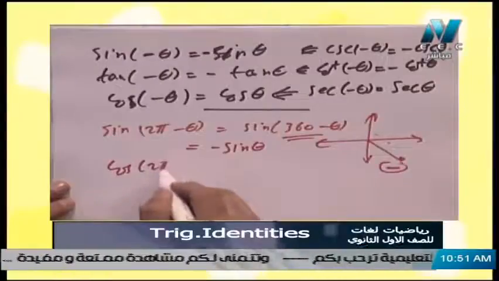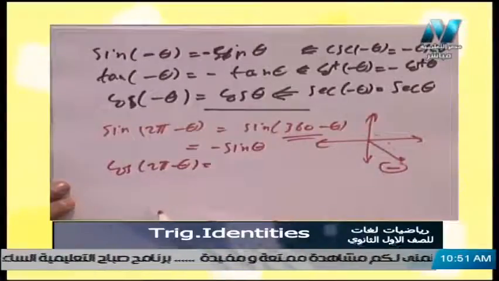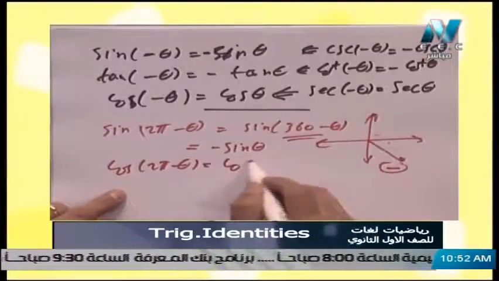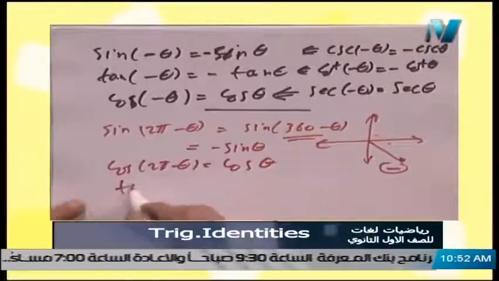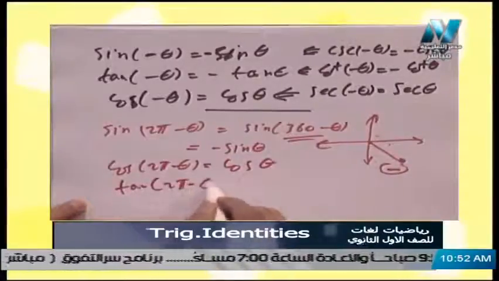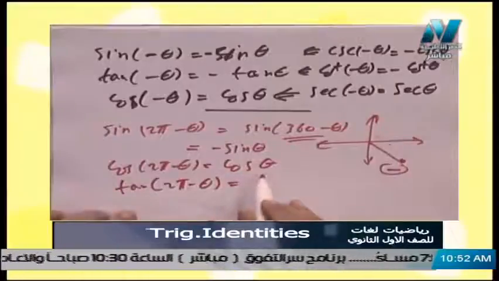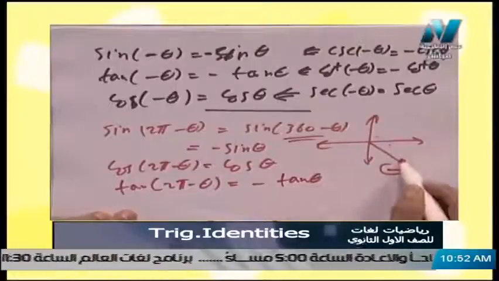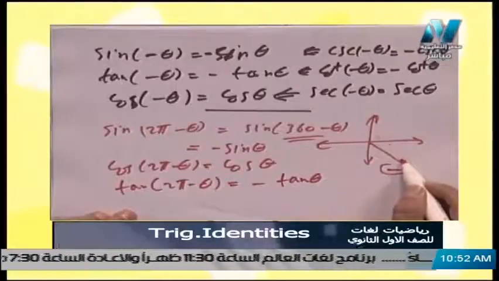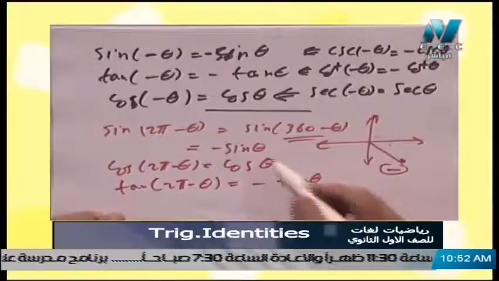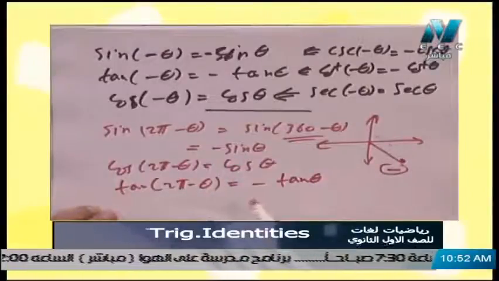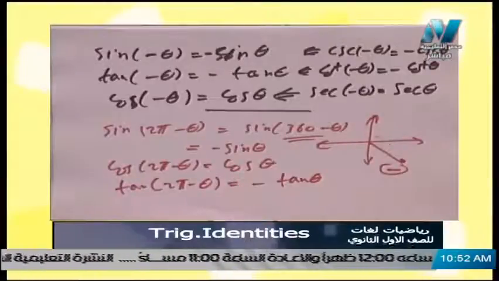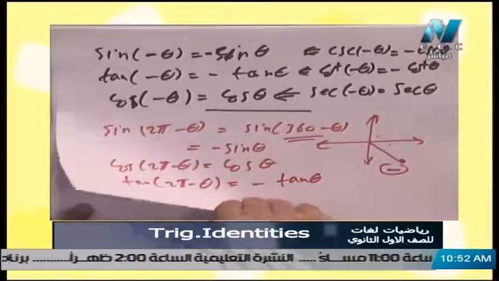Cosine of 2 pi minus theta: cosine is positive here, so it's just cosine theta. Tan of 2 pi minus theta equals negative tan theta, because tan in the fourth quadrant is negative also, as sine. And of course the reciprocals you can do the same way.